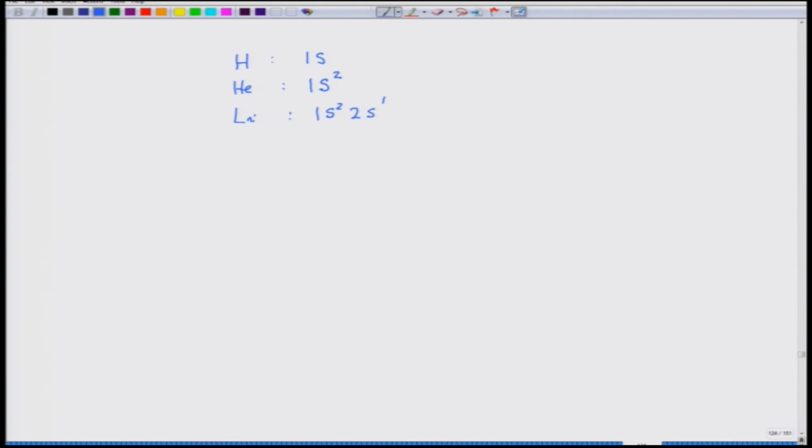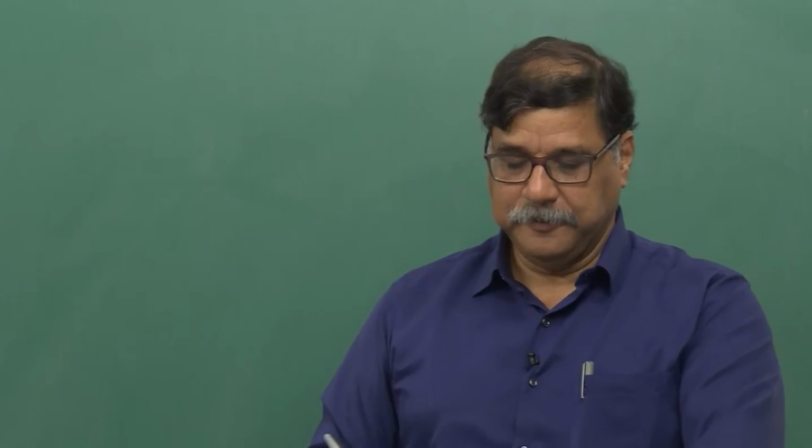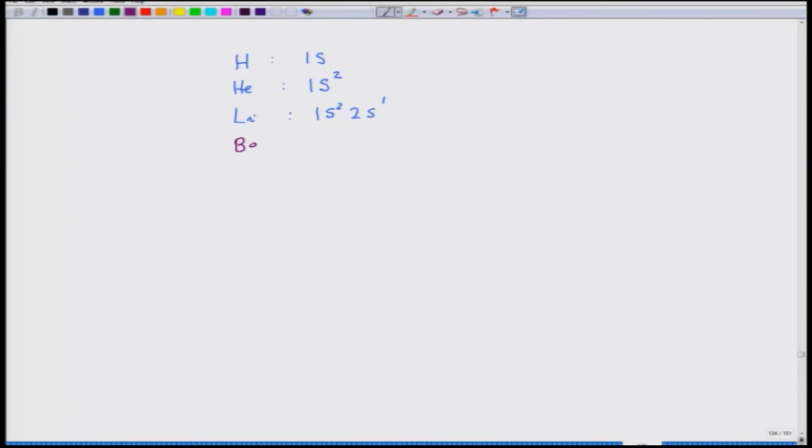That means n equals 1 and n equals 2 were filled, and the nature was S, a name given to a certain spectroscopic way the spectrum was analyzed. Beryllium was 1s2, 2s2. Boron was 1s2, 2s2, 2p1. Right? These were all being investigated, and so on.